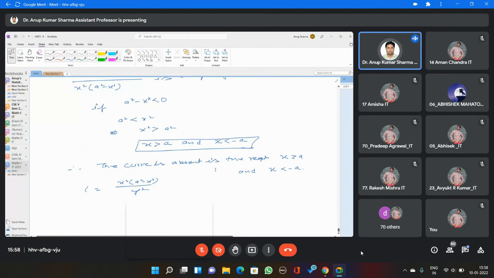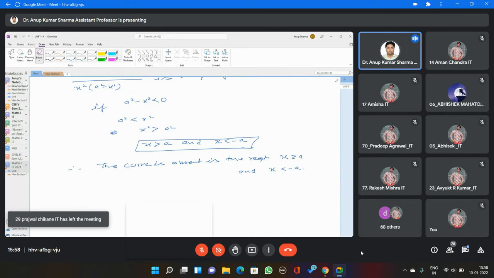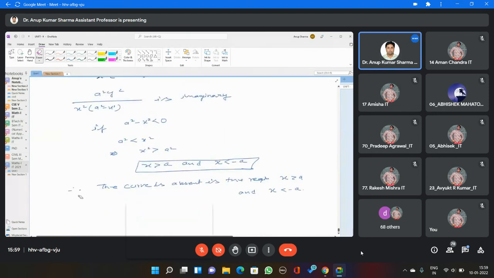It is not going beyond the points on the x-axis, minus a, 0 and a, 0. Now we can see some special points. In special points, we can discuss the rate of change of y with respect to x. So we can consider these things in special point number 8.